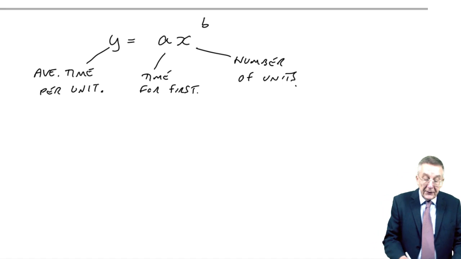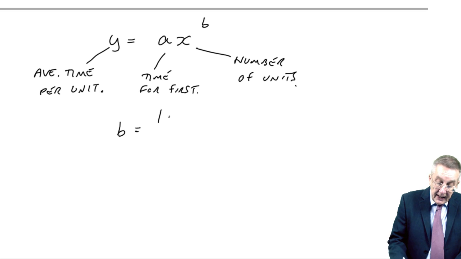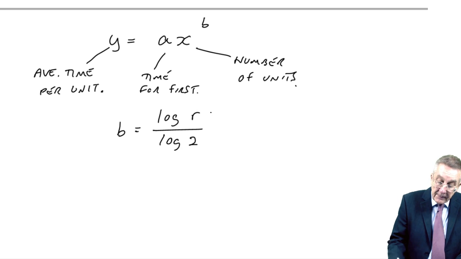You're also given the formula for b. It's the log of r over the log of 2, where r is the learning rate.